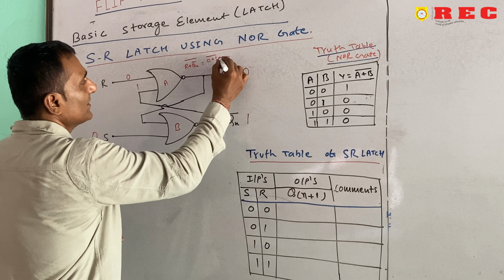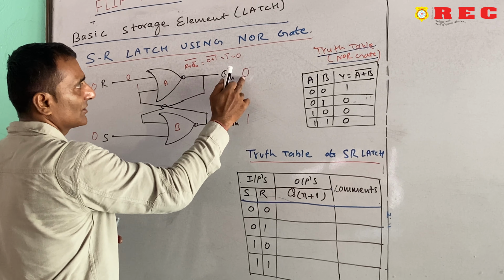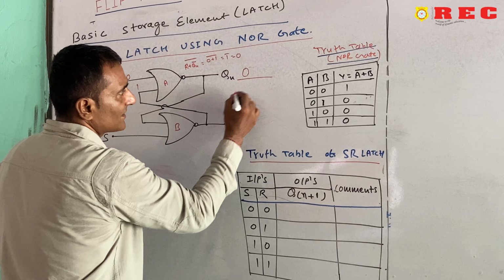So, this will be 0 plus 1 is equal to 1 and the complement of 1 is equal to 0. So, there is the 0. Again, see here, the next state came 0.